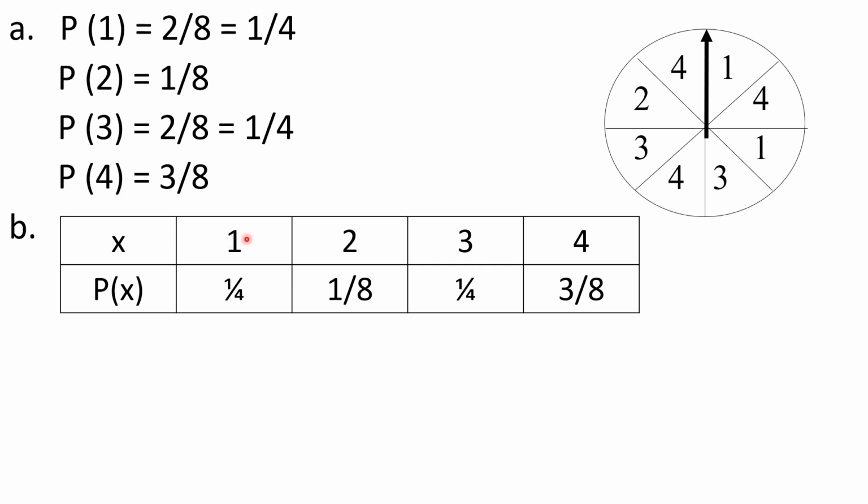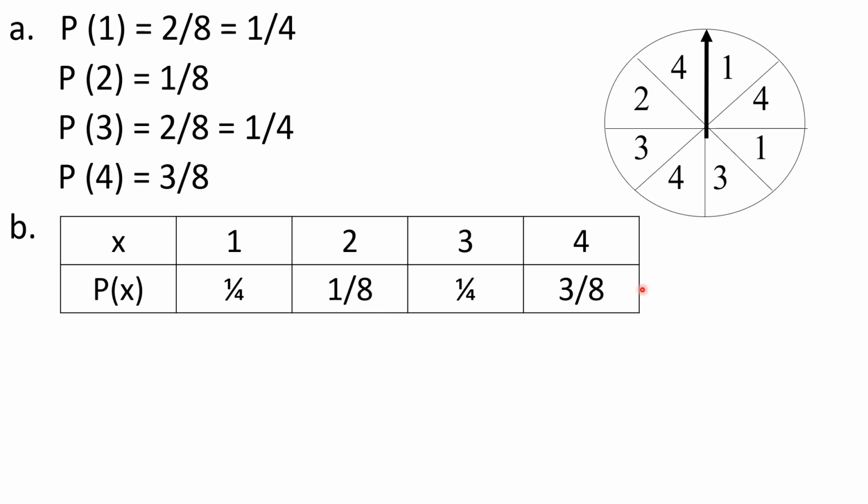Here we have the number of sections, 1, 2, 3, and 4. These will be the values of x. And then the second row will be the corresponding probability of each. We derive these values from our solutions in letter A. If the section is 1, the probability is 1/4, and so on.